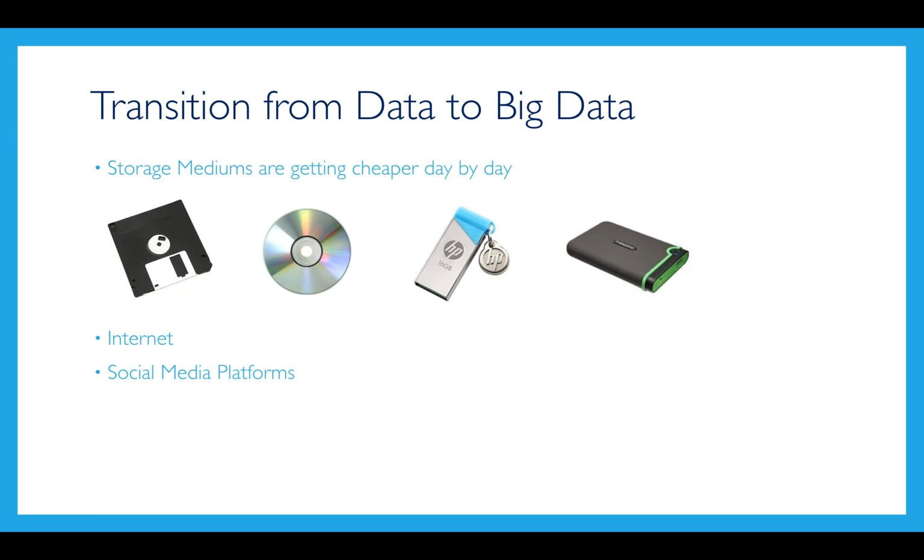What is the next reason? The next reason is the evolution of the internet. Since the evolution of the internet, people have a huge platform to generate data. Nowadays, if you go to even the smallest village, people have mobiles in their hands with internet activated.